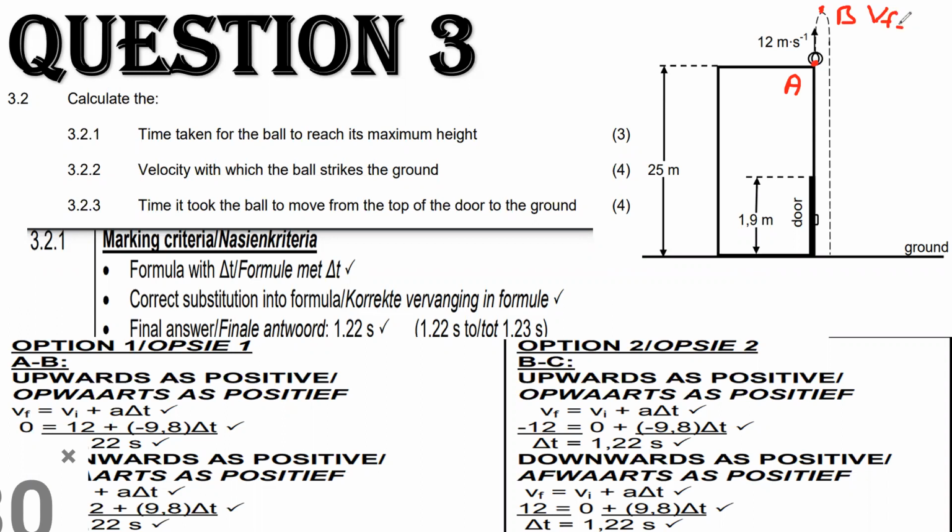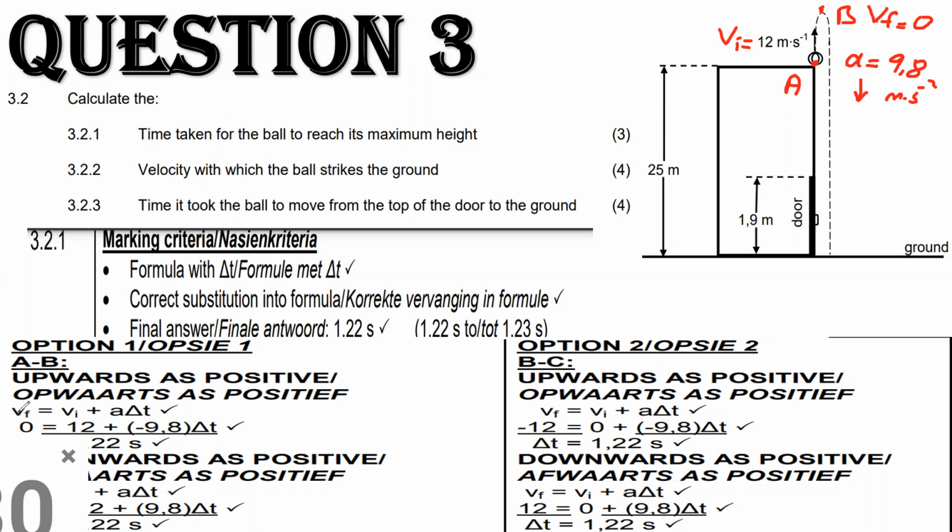V final equals 0, and V initial is 12, it is given. Time we don't know, but we know acceleration equals negative 9.8 meters per second squared, because it is going down. Acceleration is always down, and the direction of initial velocity is up.